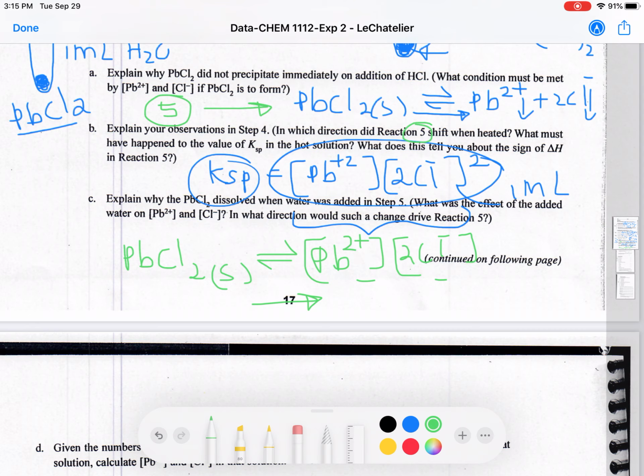When you heat it, if it dissolves, then the heat is going to be a reactant. Heat will be on this side. Right? So when you add the heat, lead chloride dissolves to give you lead ions and the chloride ions.